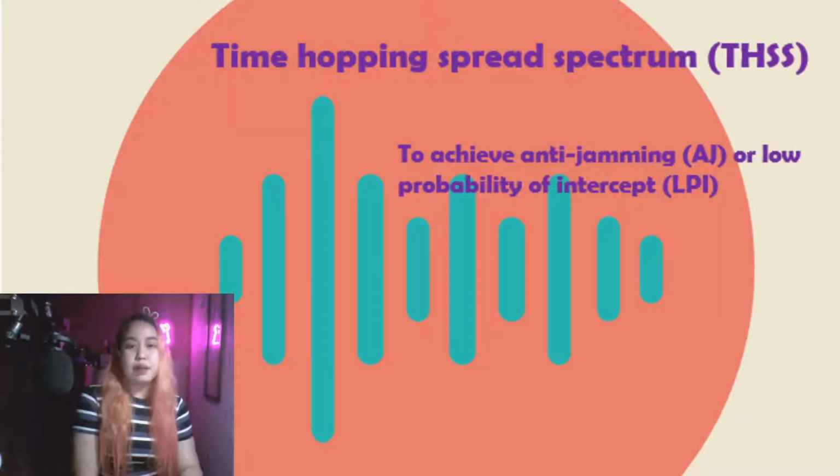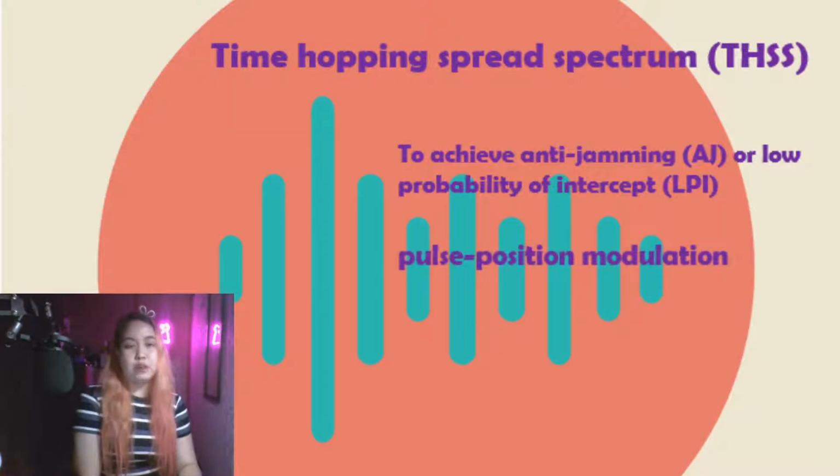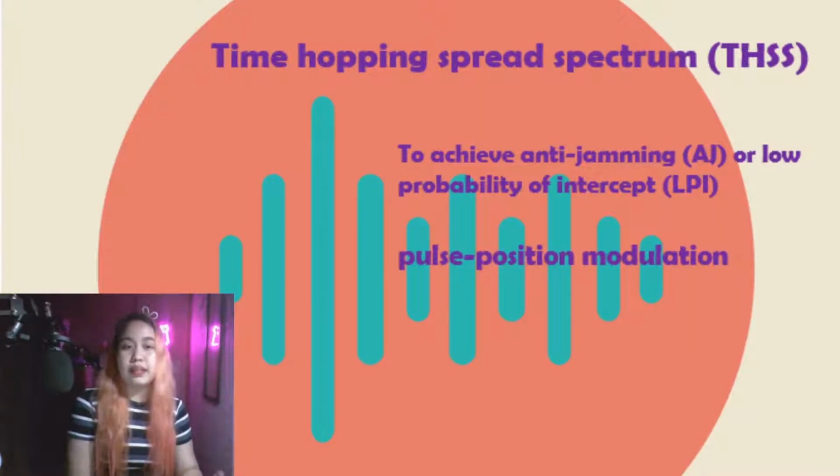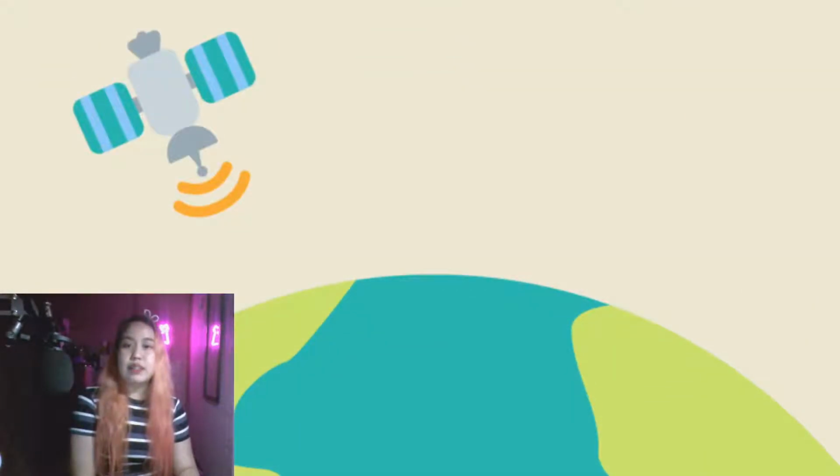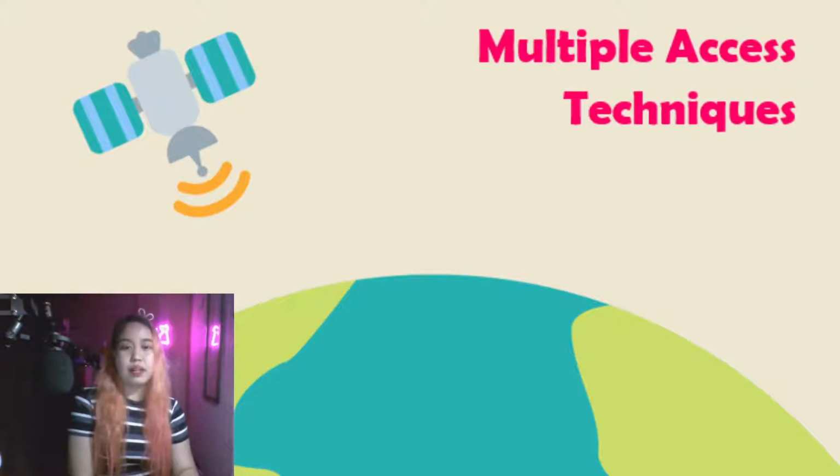It can also refer to pulse position modulation, which in its simplest form employs 2 raised to k discrete pulses, referring to the unique position of the pulse within the transmission window to transmit k bits per pulse. Now, let's proceed to the second topic, which is the multiple access techniques.